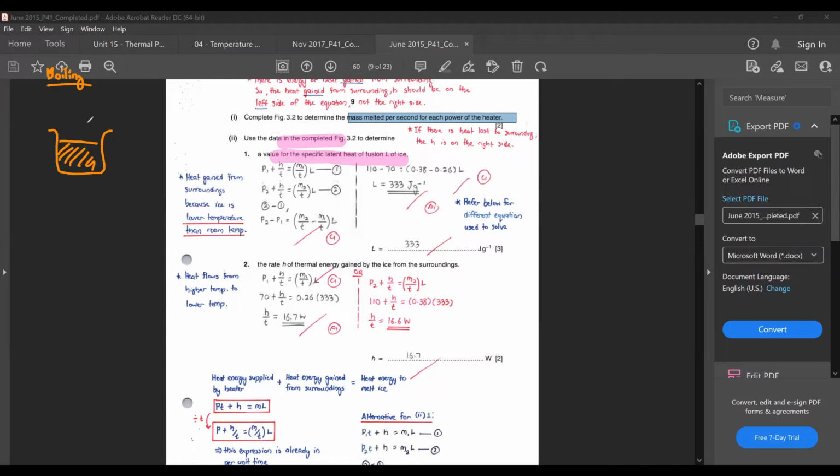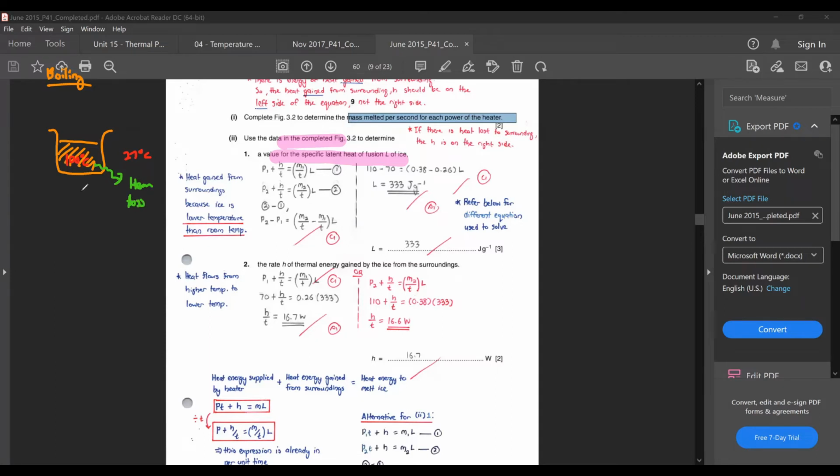When you are boiling something, say water, this one is 100 degrees centigrade. Your room temperature is probably 27 degrees centigrade. You actually have heat loss from your boiling water to the surroundings.